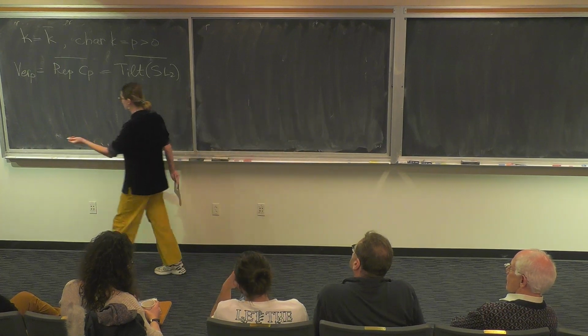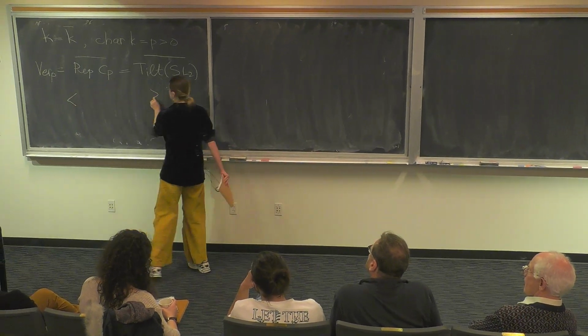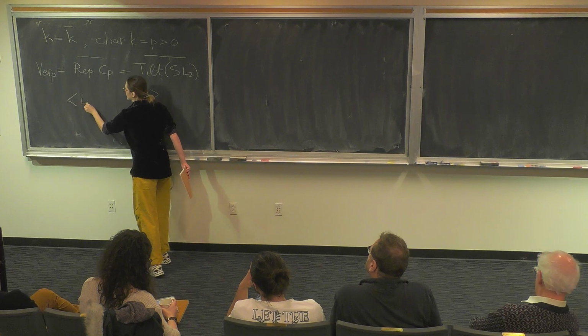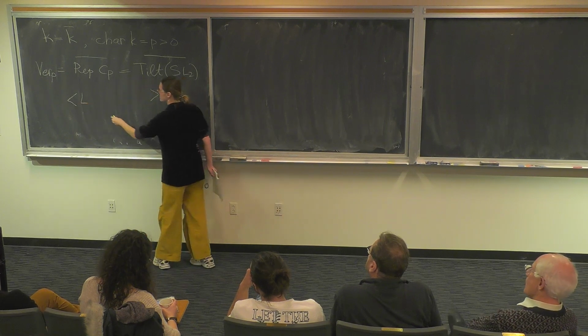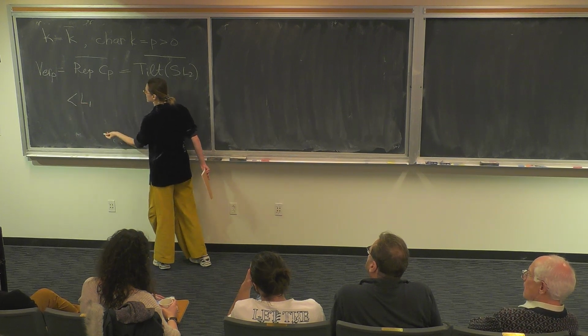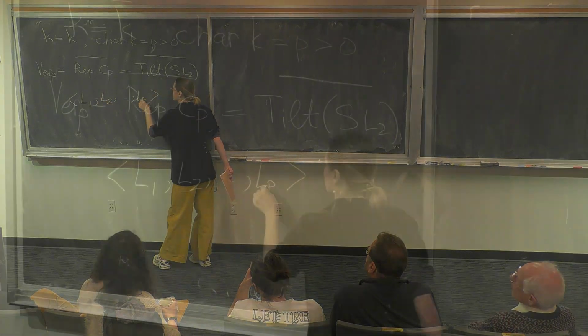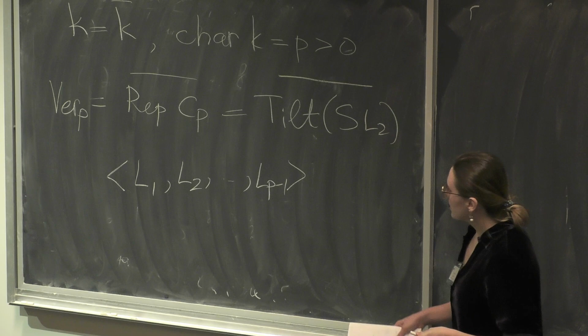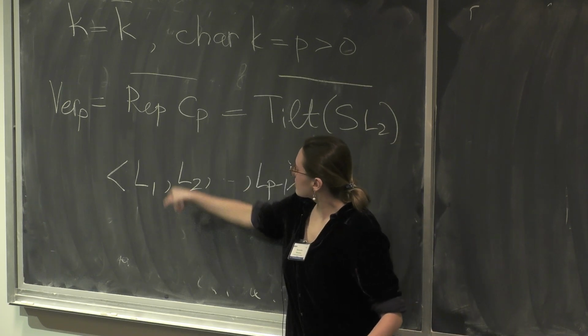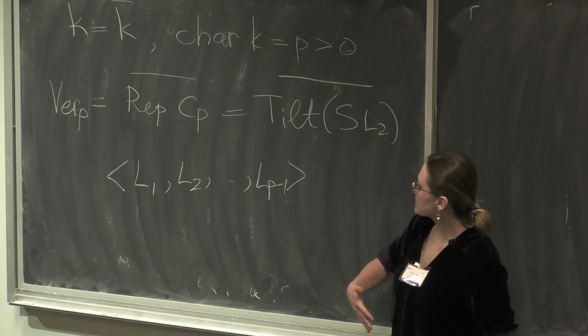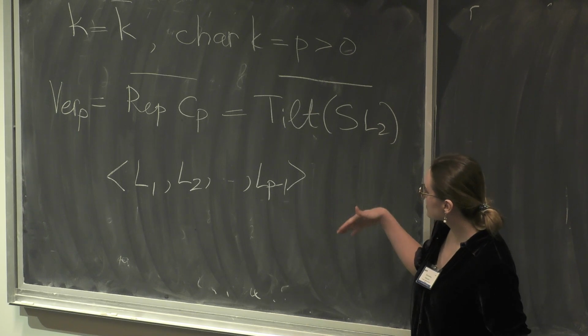And so the simple objects of this category, there are finitely many. It's a fusion tensor category, a symmetric fusion category. So it has P-1 objects. And from this perspective, you can think about them as things that come from Jordan blocks of corresponding sizes.